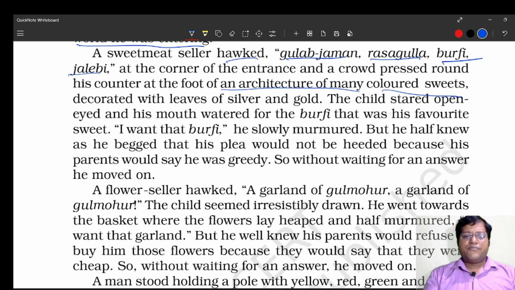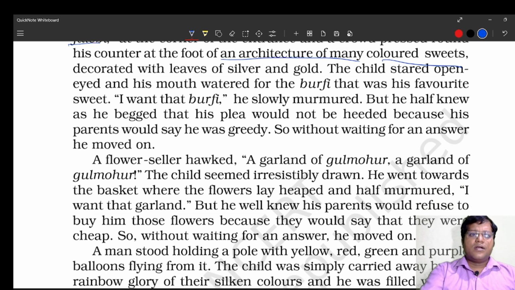In the fair, the same thing might have happened to the boy, with leaves of silver and gold. So the pile of sweets was decorated with silvery and golden leaves.